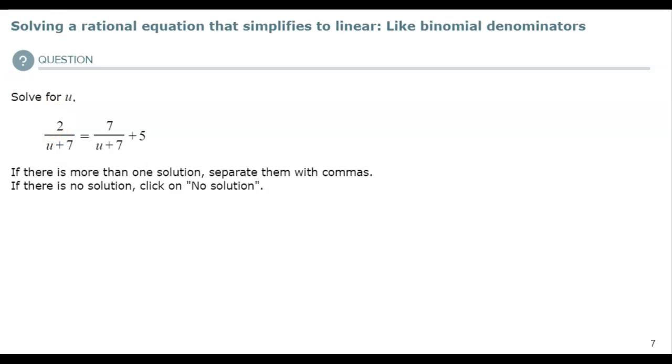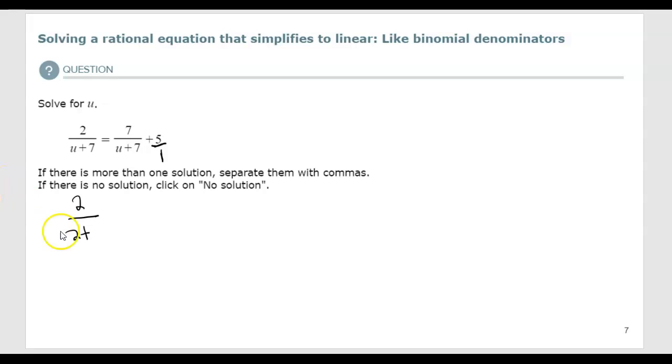Okay, so we do not have common denominators once again. We have a u plus 7, a u plus 7, and a 1. So I want you guys to pause the screen and go ahead and write these as something with a common denominator. Okay, so we should get that u plus 7 is the common denominator.